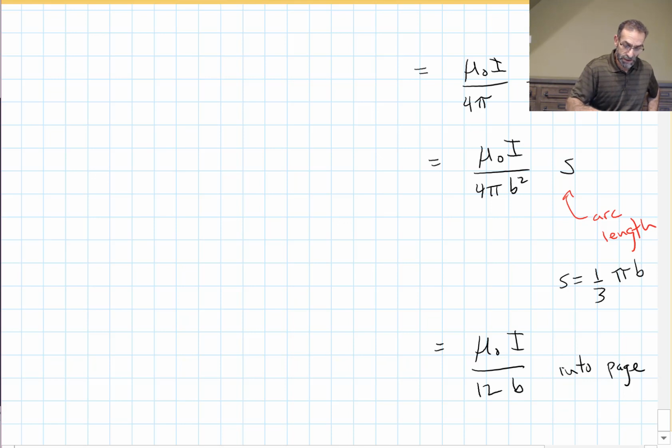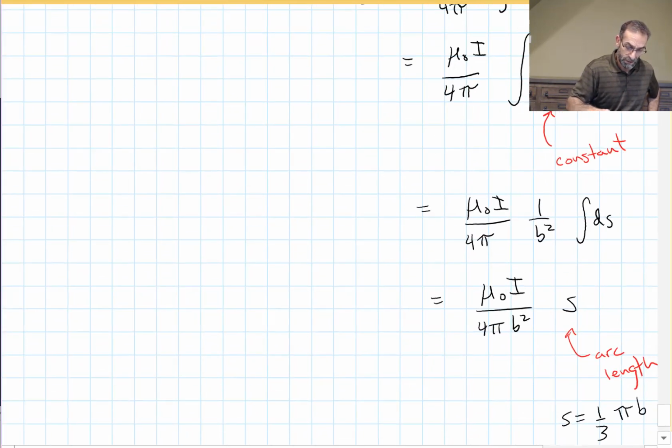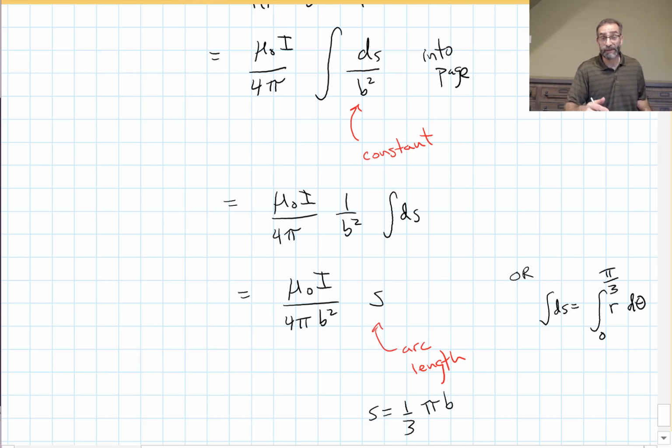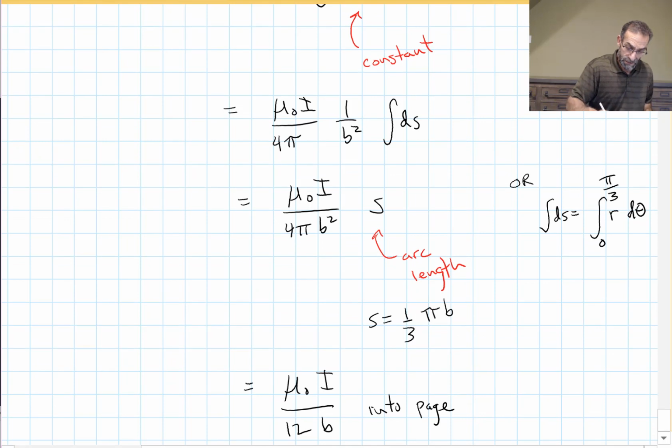If you prefer, let's go back up here for a second. If you prefer the integral of ds, you can substitute in r d theta, and we were going from 0 to pi over 3 here, I think. 60-degree angle, right? And so you get r is a constant.